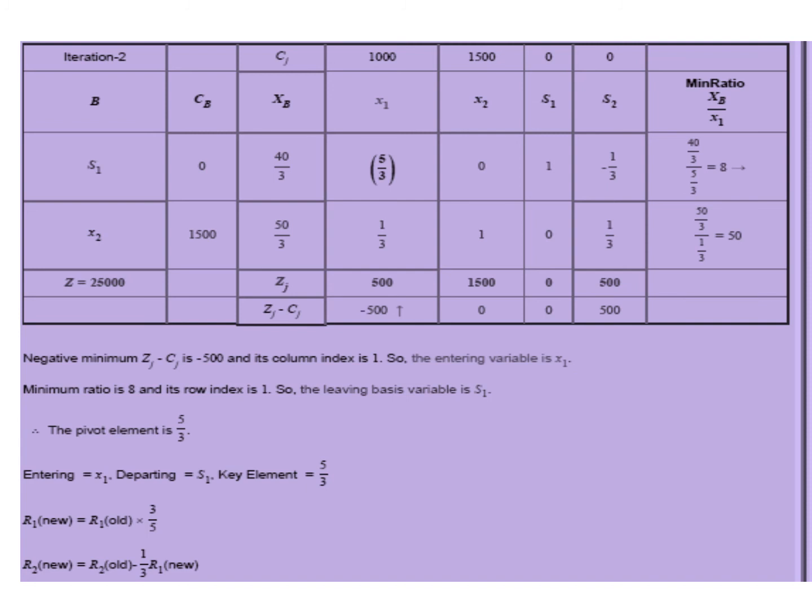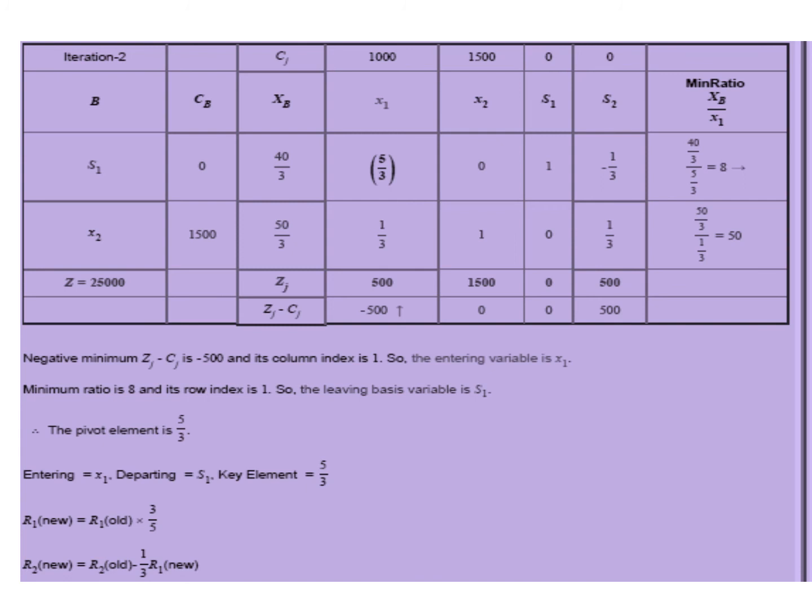Zj is calculated. Zj is the present contribution of that particular variable towards the z value. So if you see, x2 has contributed 1500 already and x1 is only 500. S2 is also 500. So there is a contribution on part of the slack variable which is not exactly deemed correct at this moment in such a simplistic case.